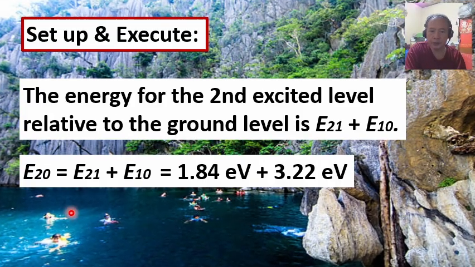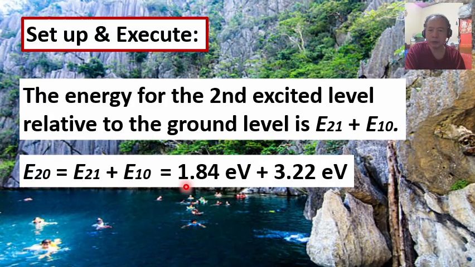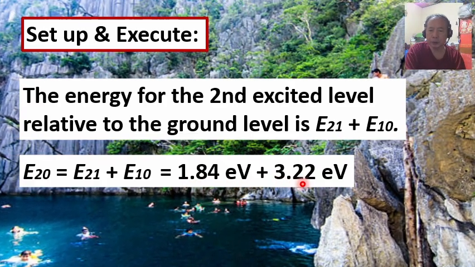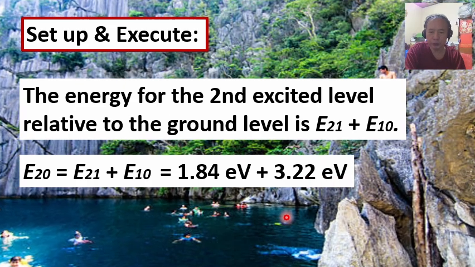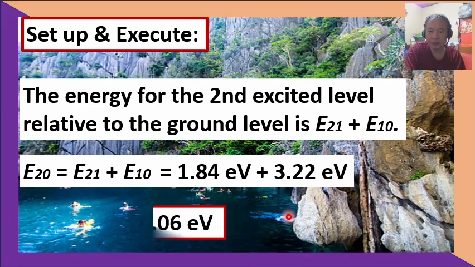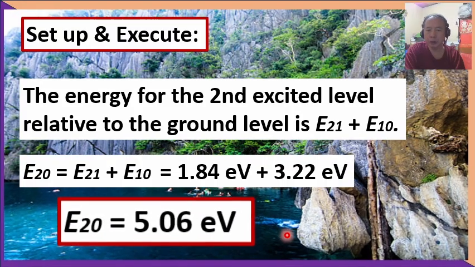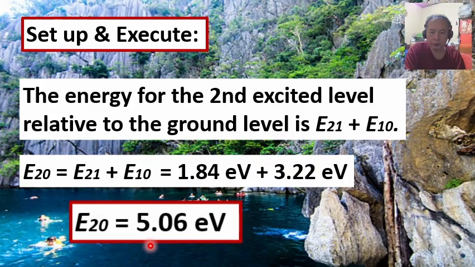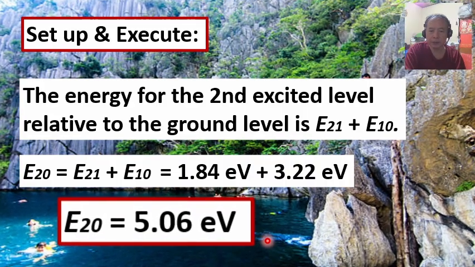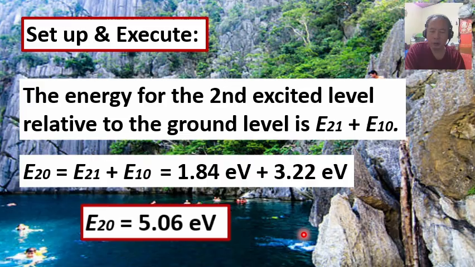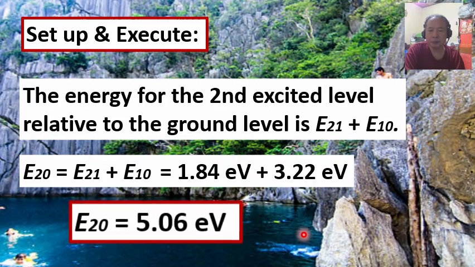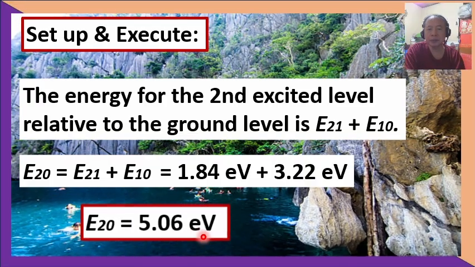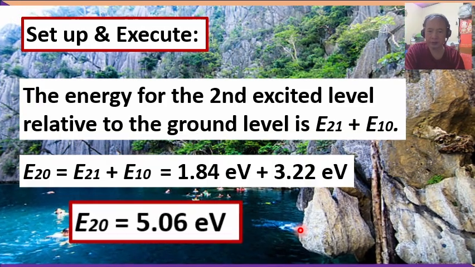So E sub 20 is just equal to 1.84 electron volts plus 3.22 electron volts, which of course gives us the value of the energy E sub 20 equal to 5.06 electron volts. This is the photon energy of the atom at the second excited level relative to the ground level.